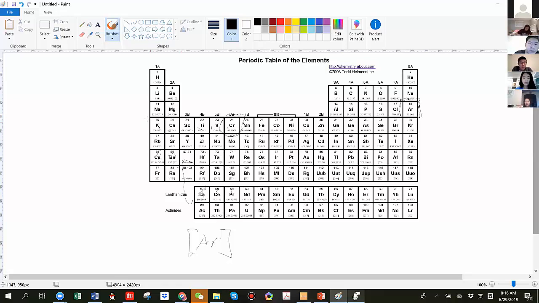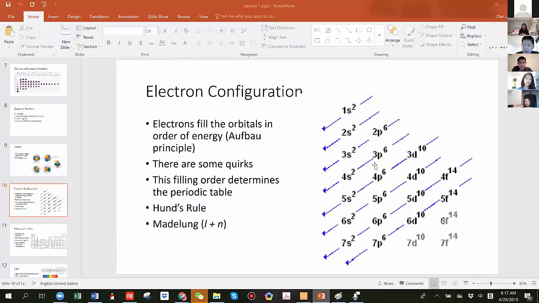So here we have the 4s orbitals. Then what follows the 4s orbitals? Does someone want to tell me what follows the 4s orbitals? What do we fill after the 4s orbitals?